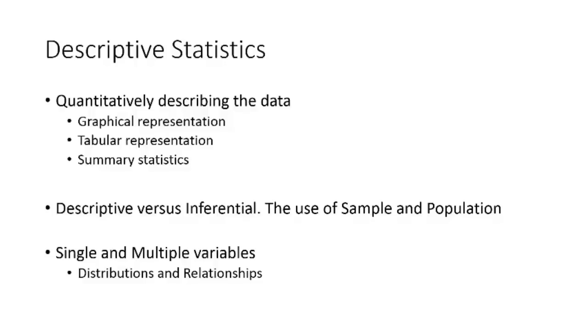You can do that through visualization techniques like graphical representations, tabular representations, but you can also do that through summary statistics. The idea here is that you crunch the data, you work with the data, and come up with 1 or 2 or 3 or 4 different numbers that summarize the data for you.